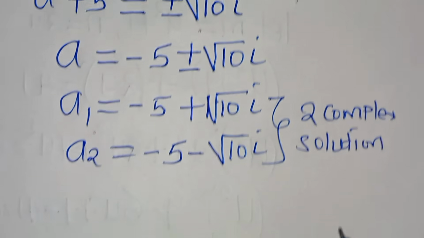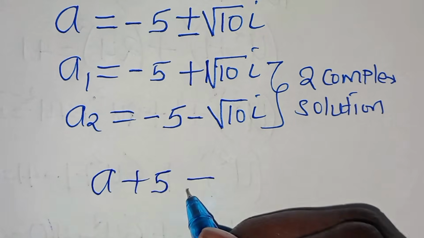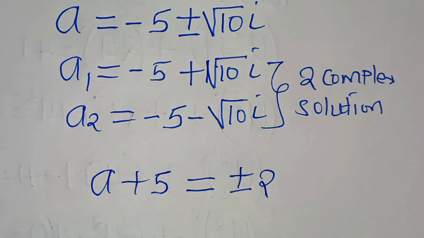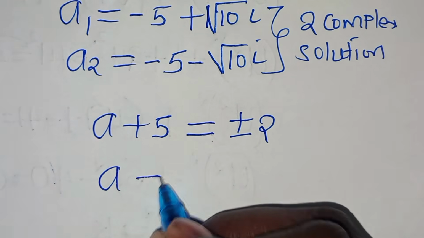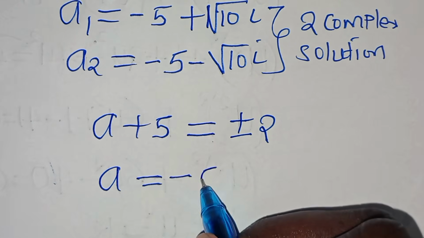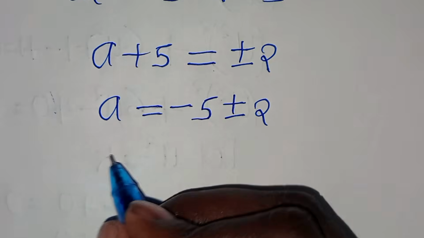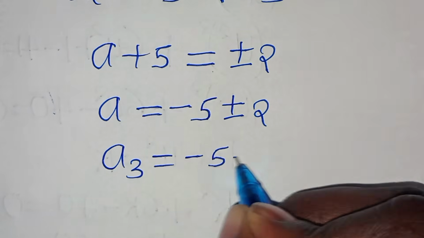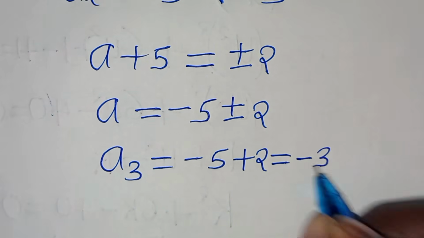Now we have that a plus 5, this is equal to plus or minus 2. So this is to mean that a will be equal to minus 5 plus or minus 2. So this is to mean that a3, this is equal to negative 5 plus 2, and this is equal to negative 3.